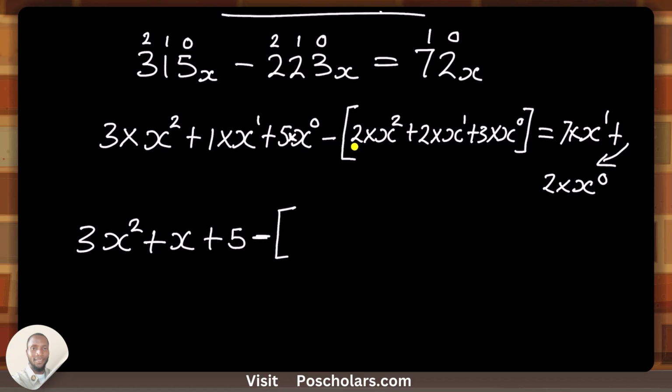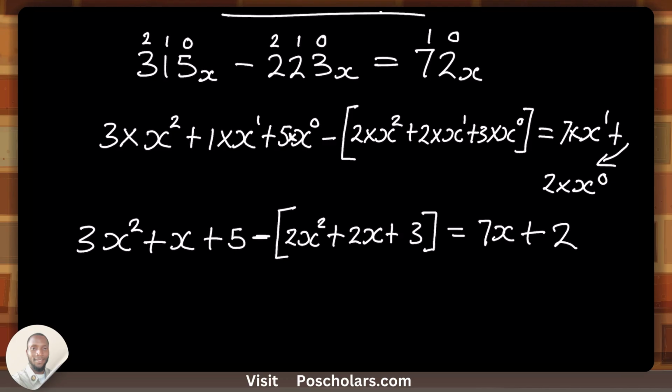So 2 times x squared gives 2x squared, right? Then plus x raised to power 1 gives x, then x times 2 gives 2x, then plus x raised to power 0 gives 1. 1 times 3 equals 3, plus 3, close the bracket, right? Equals, now x raised to power 1 is x, x times 7 gives 7x. Then remember there's a plus here, plus, now x raised to power 0 is 1. 1 times 2 gives 2, right?